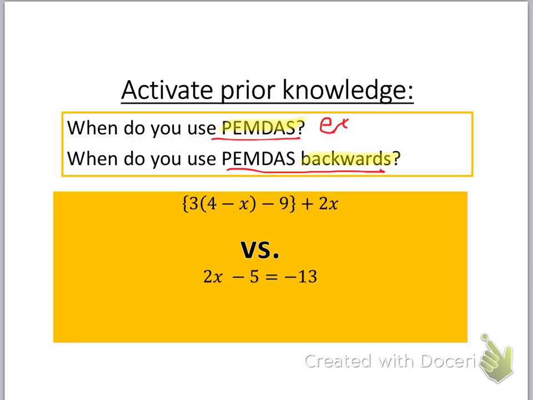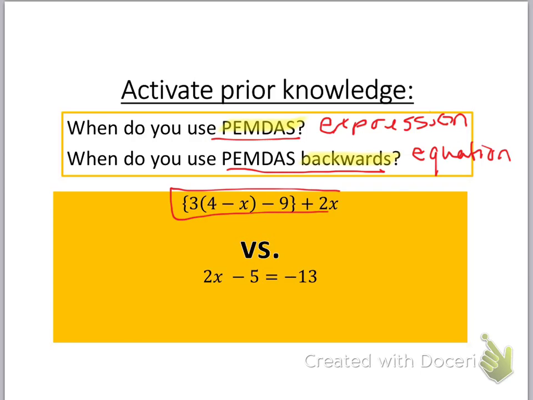PEMDAS is for an expression, when you're simplifying something. PEMDAS backwards is for an equation, when you're solving something. So in this situation here, we would be doing PEMDAS normal. In this situation here, we would be doing PEMDAS backwards.